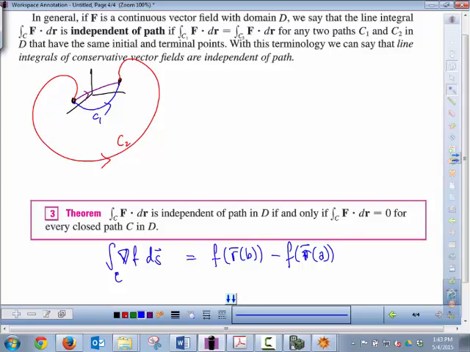But if these two endpoints are the same, then we're subtracting the same values, which is going to be 0.